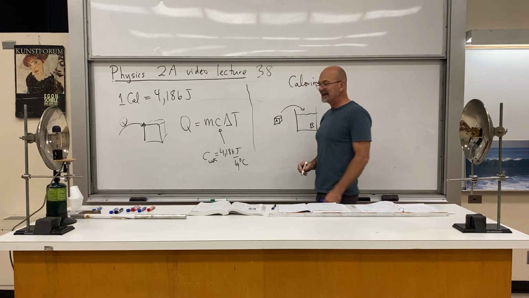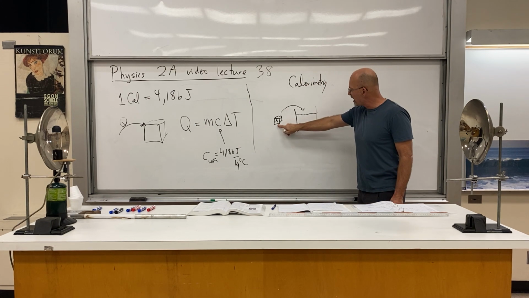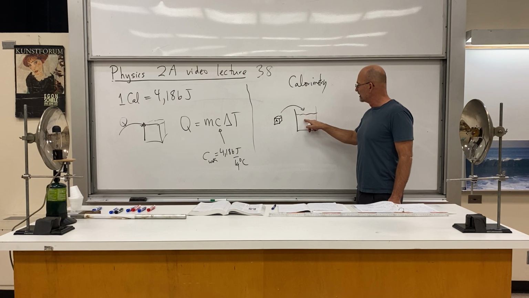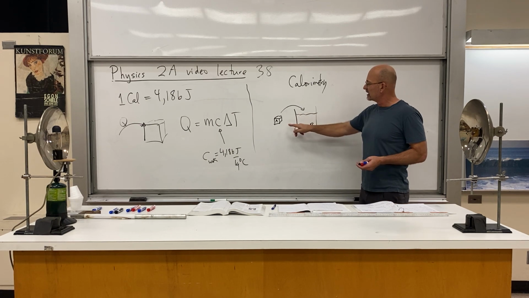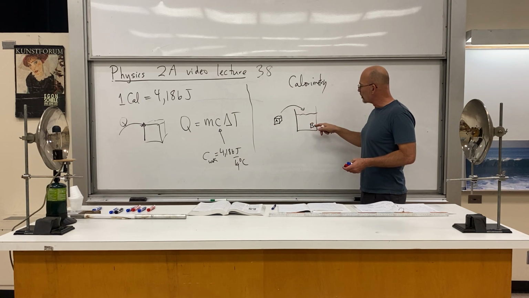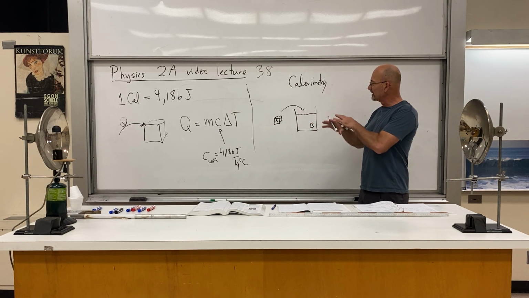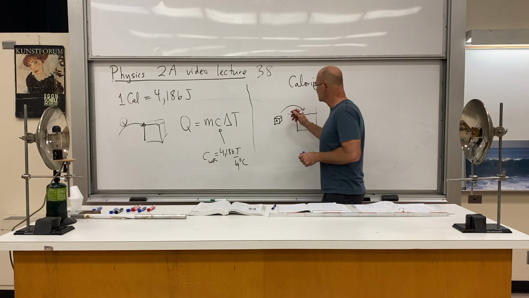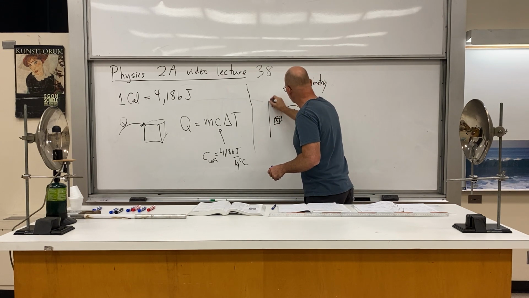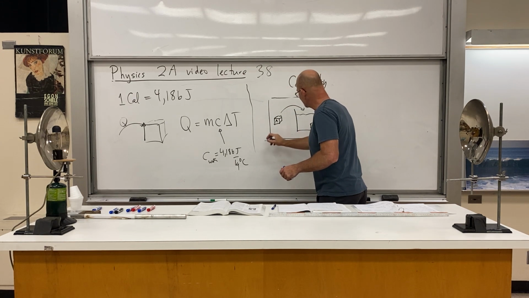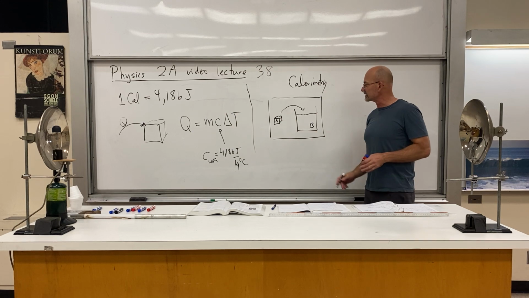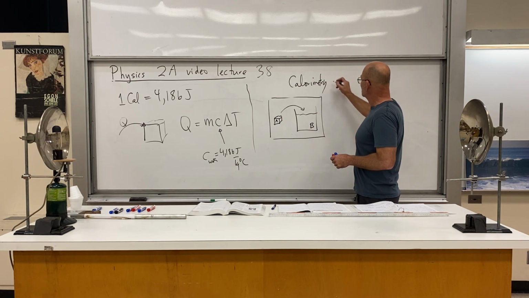I'll write B. So if this is a hot object, I put it in cooler water, okay. This object's going to cool down, the water's going to heat up, and there's going to be an eventual equilibrium temperature. So we bring things together, and I'll put them in a box here to indicate that we're insulating the whole thing.